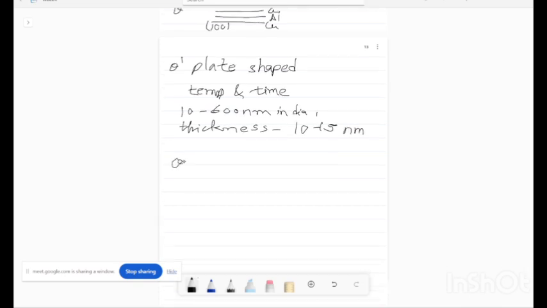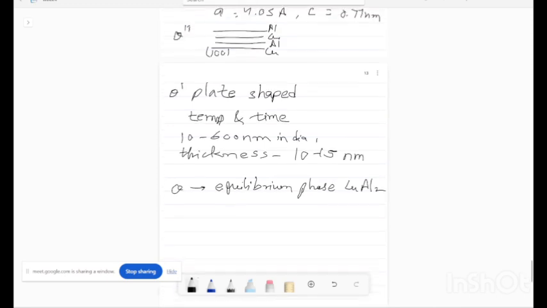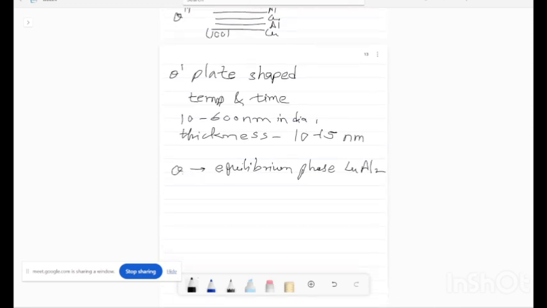Next is the theta precipitate, which is the equilibrium phase, CuAl2. So that is the composition of theta. Theta is also tetragonal, but it is incoherent. The theta prime is coherent, but theta is incoherent.